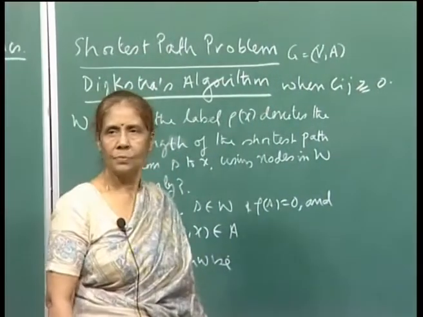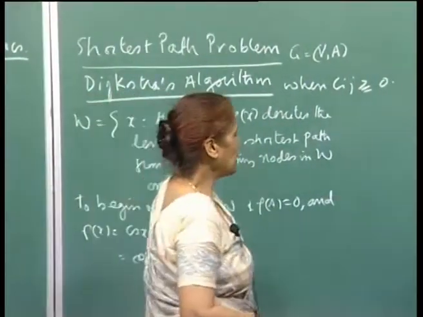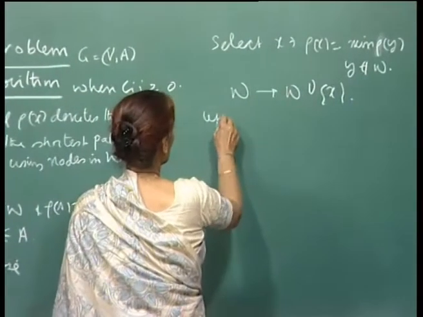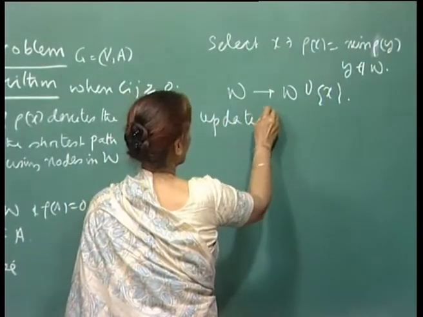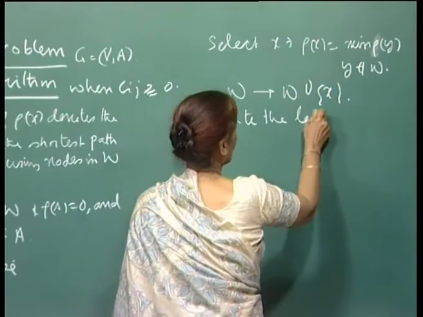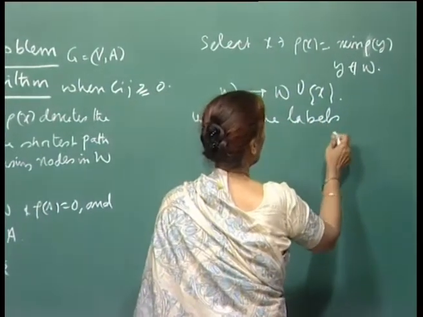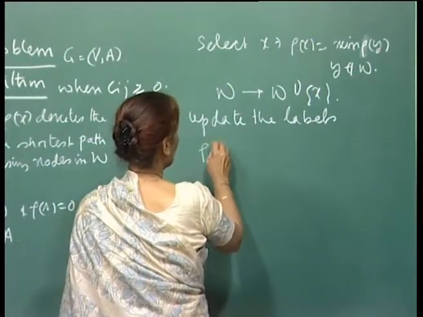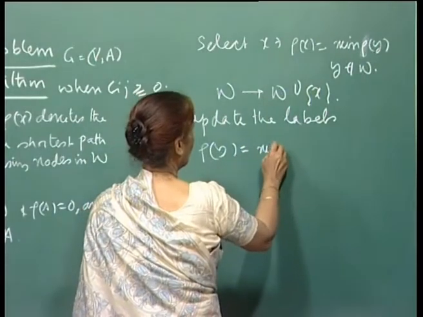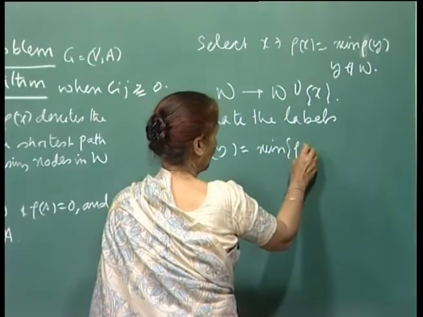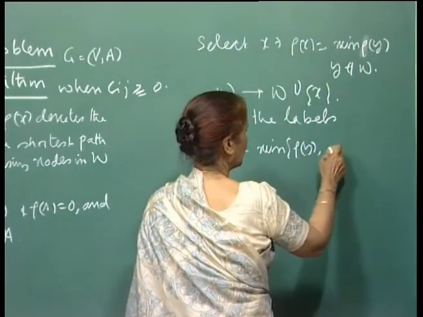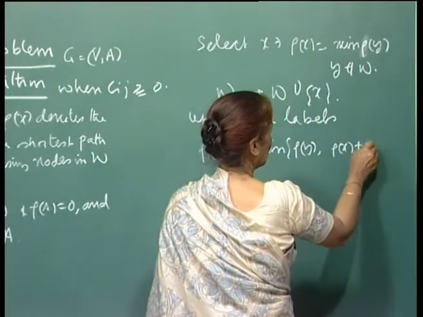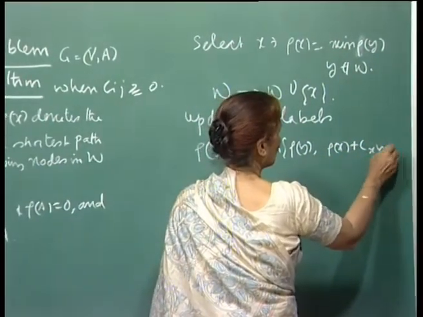And so, you continue and then you update the labels. Rho y as the minimum of the old label and rho x plus CXY.